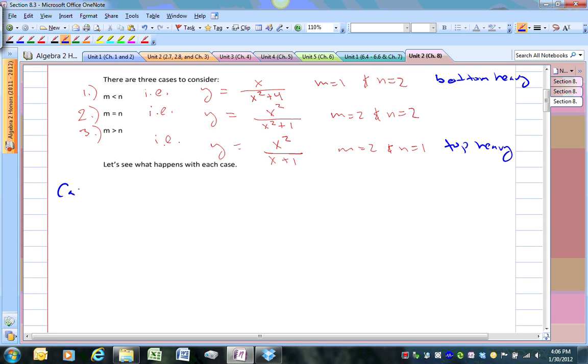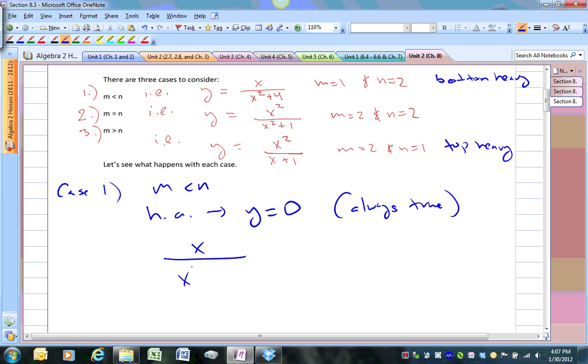So for case 1, m is less than n. What's going to happen is that your horizontal asymptote will be y equals 0. And here's the reason why, and this is always true. Let's say you have x over x squared plus 4.